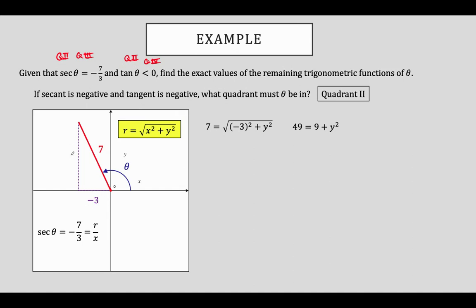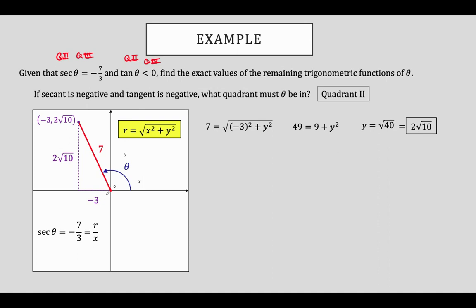Negative 3 squared plus y squared has to equal r squared. And subtract 9 from both sides, we get y is equal to the square root of 40, which we can then simplify into 2 root 10. Notice that 40 is 4 times 10. The square root of 4 is 2. And once we have x, y, and r, we can evaluate our 6 trigonometric functions of our angle theta.